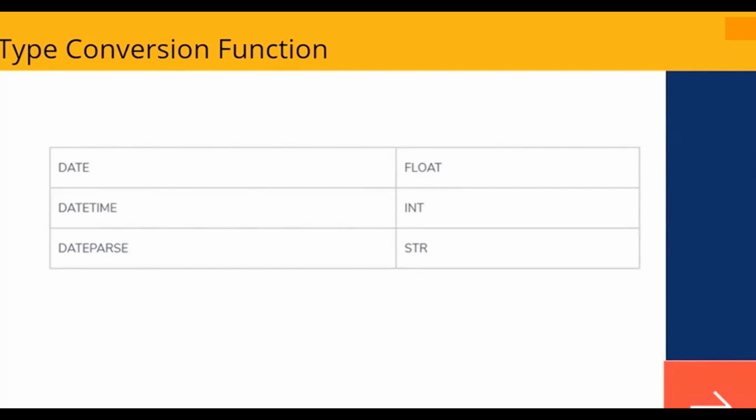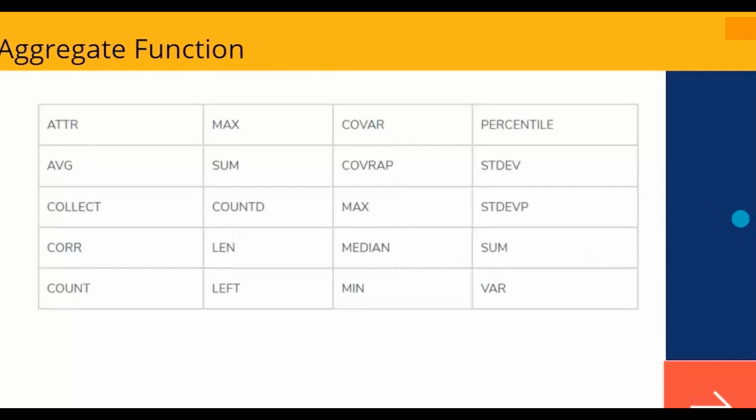Similarly, float could be given, and then integer, all of these things could be used for your type conversion. And now what we need to focus on is definitely your aggregate functions. Aggregate functions play a very vital role, because most of the time we end up dealing with numerical data.